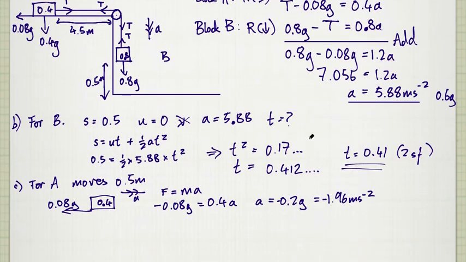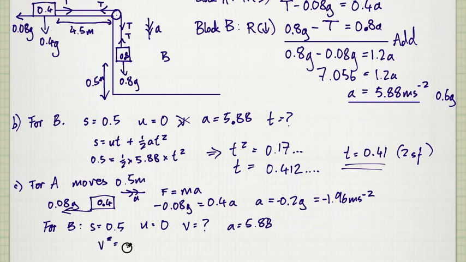Then we also think about the speed that A was moving at. In order to do that, we have to think of the velocity that B was moving at as it hit the floor. So we'll go back to this B situation and find the speed that everything was moving at as B hit the floor. So again, we have S equals 0.5, U equals 0, V equals question mark, and a equals 5.88. And we can use V squared equals U squared plus 2aS.